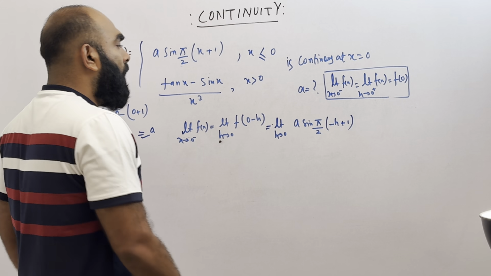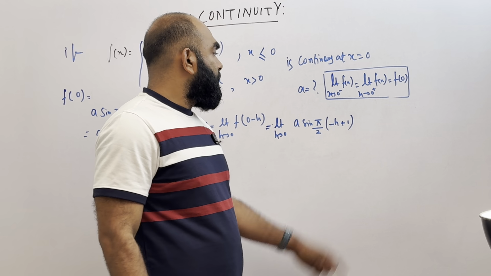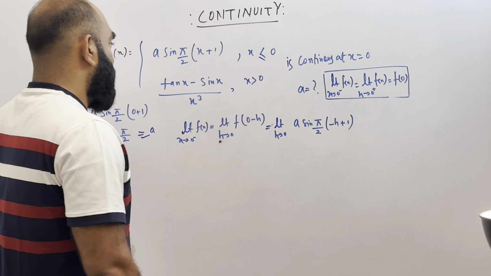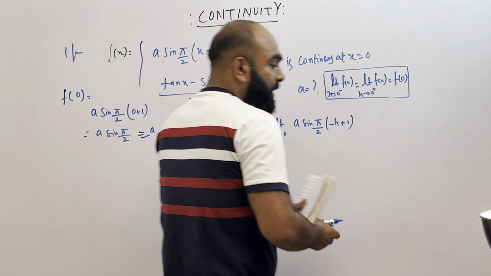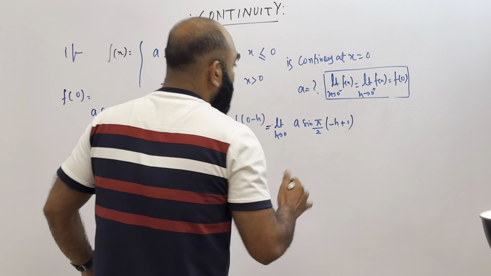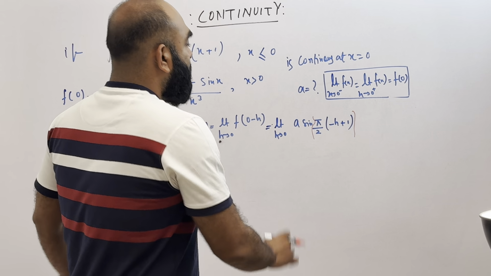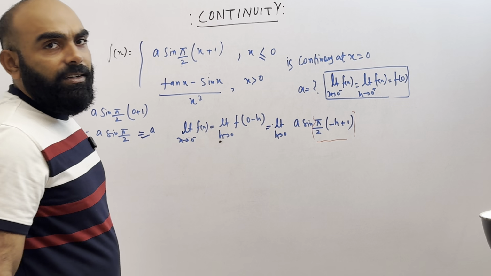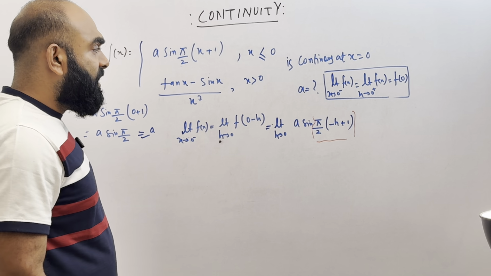Correct, sir. Now how will I solve this one? Tell me. After sine, whatever is written is the theta part. I told you a number of times. Sir, if this is the theta part, then generate the theta.